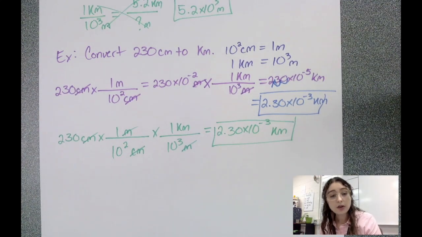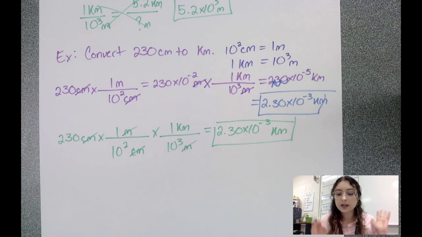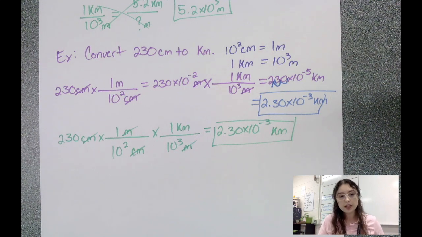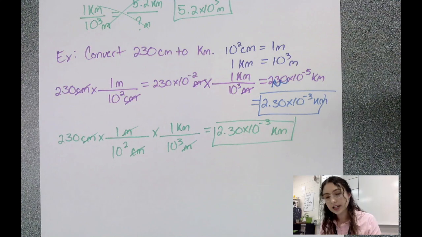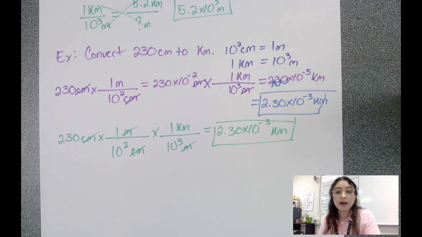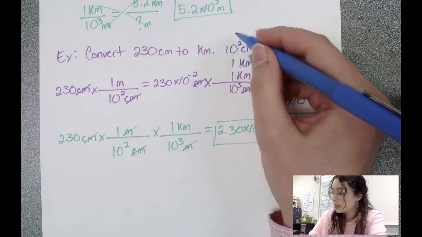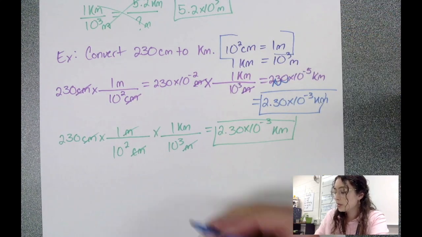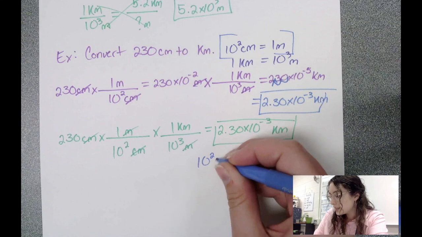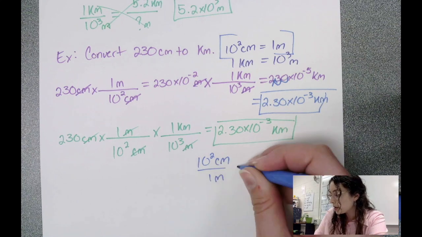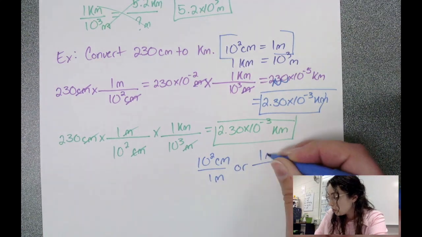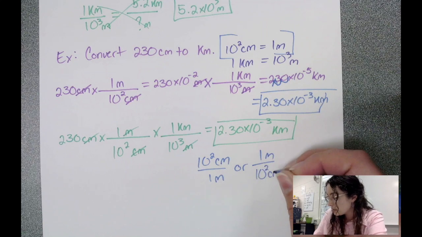So it's all about canceling units and practicing. Again, if you find that you struggle with this, I would always write down the 2 choices you have for a conversion factor. Because remember, if we take something like my centimeters to meters, we can have 10 to the second centimeters over 1 meter, or 1 meter over 10 to the second centimeters.